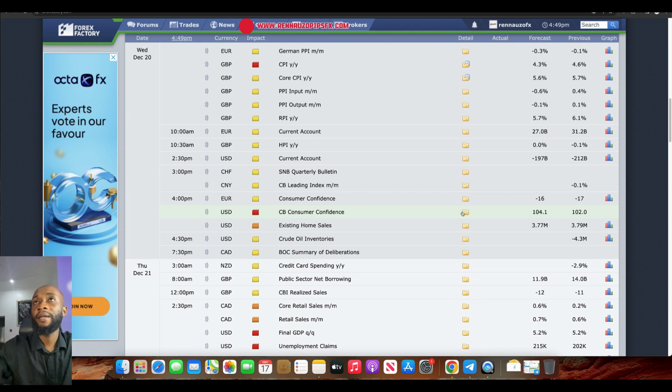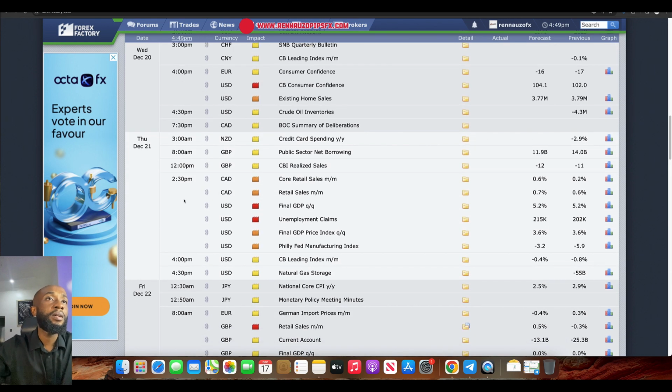I'm predicting that it will be buy for gold against the US dollar. And on Thursday, we still have final GDP, and my prediction on this as well will still be buy. And unemployment claims, still the same thing.